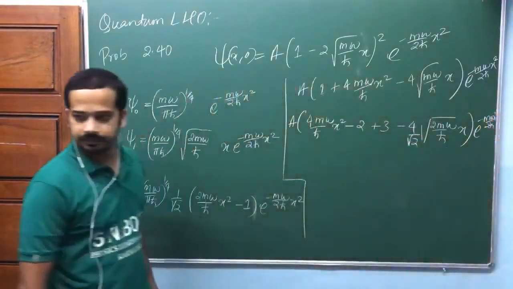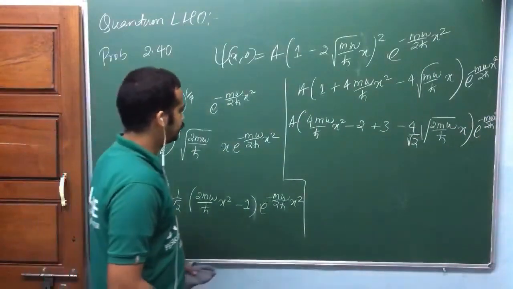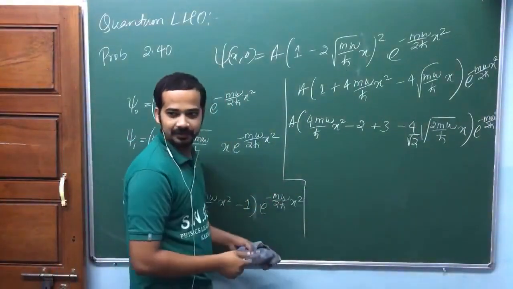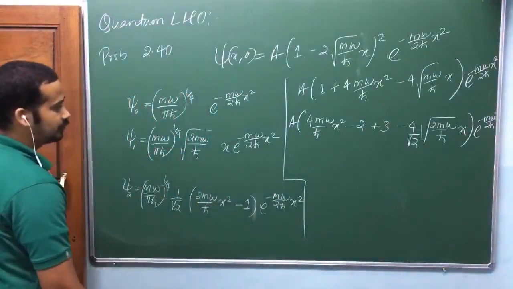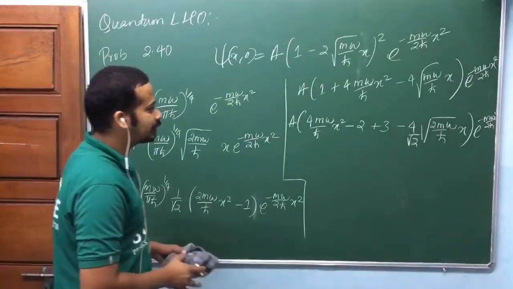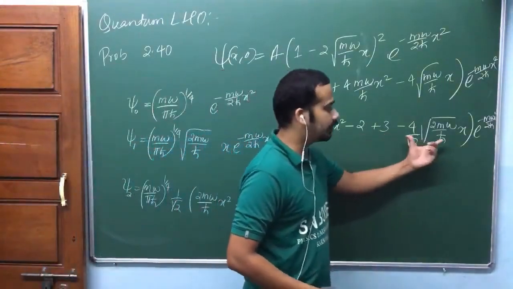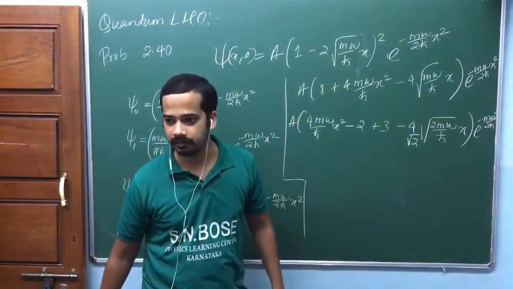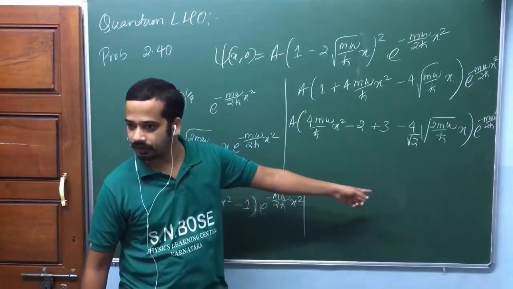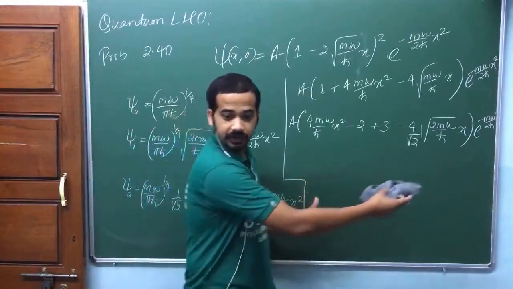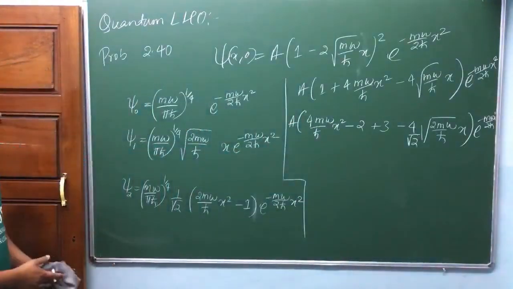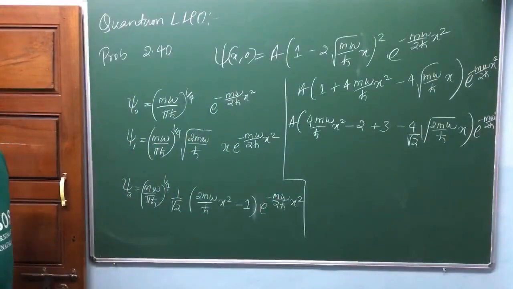Actually, I took a lot of space for this one. m omega by pi h bar to the 1 by 4, that is required for this term as well as this term. I'll just throw in that term. The whole thing can be multiplied with one constant, I told you, isn't it? Without changing the individual weightage. Later I'll normalize.